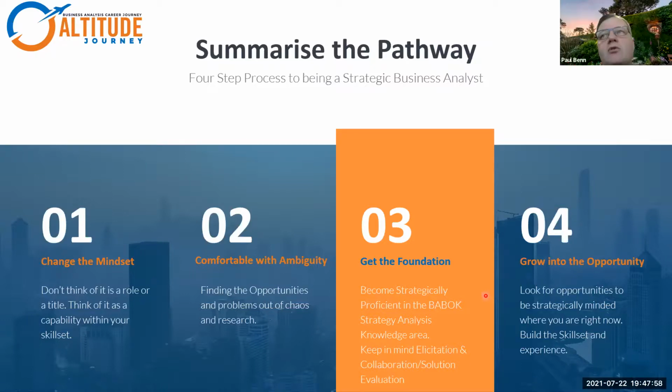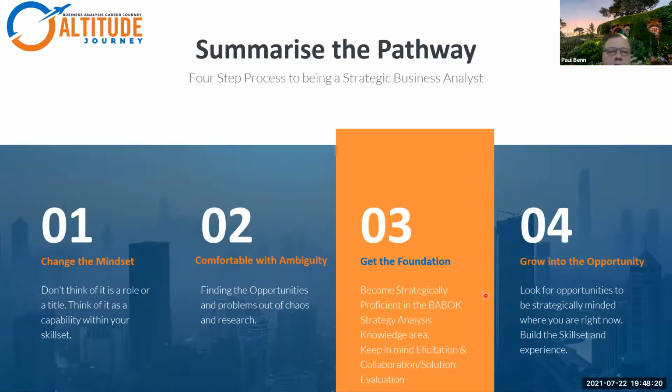So a strategic analyst and a business architect. Business architecture is more about the structure of the business. It's more about how the various parts of the business work together to achieve the operations of the business.